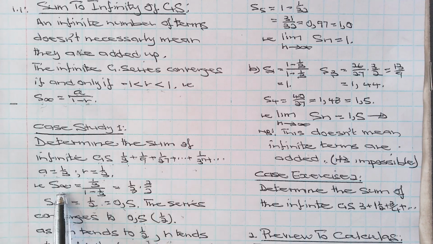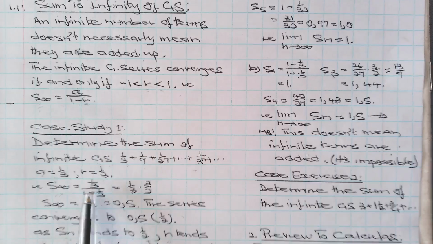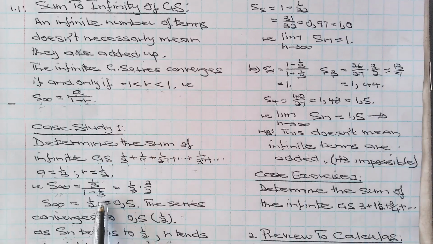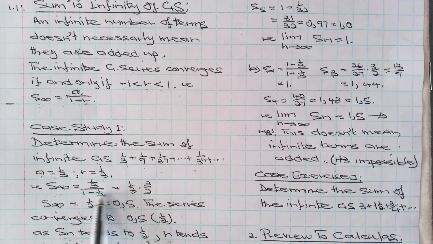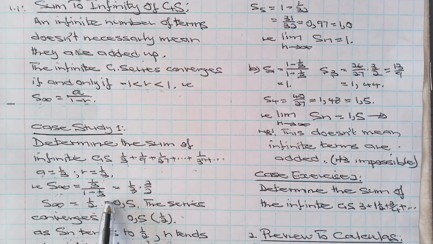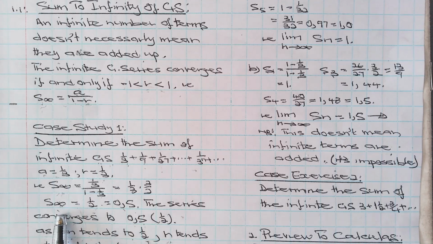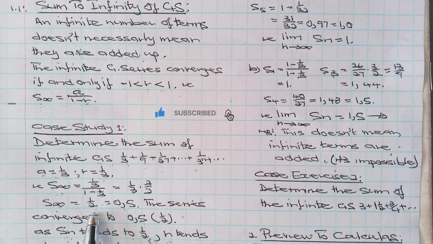Therefore, for the sum to infinity, A will be 1 over 3, and R will be 1 over 3. Therefore, we have 1 over 3 over 1 minus 1 over 3. Therefore, the sum to infinity of this series is half.